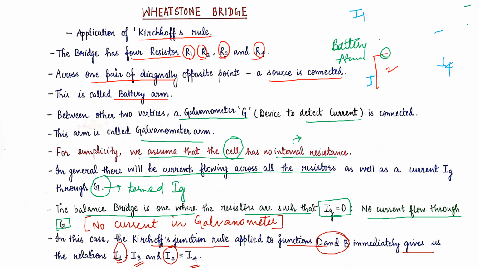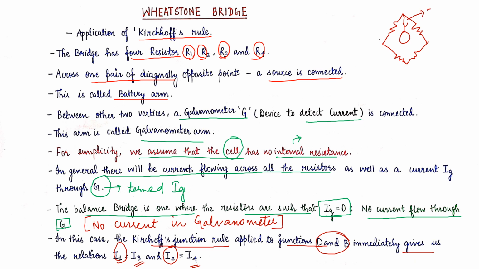Okay, I have derived in these notes the relation in one way, and on a rough page I will derive the same equation in another way, so that you will have two ways to derive the equation for the Wheatstone bridge. So this is one resistor, this is another, the third one and the fourth one. If this current becomes zero, it will be as if no such branch exists.